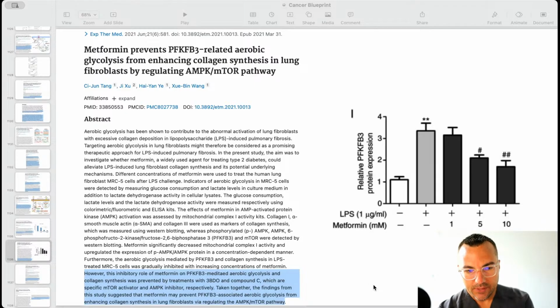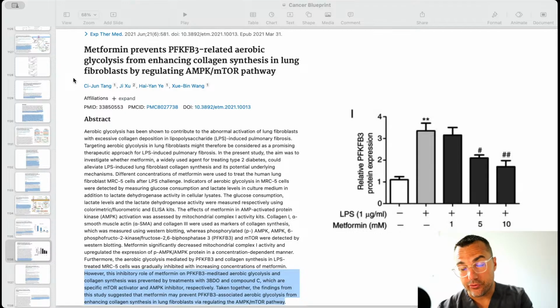Taken together, the findings from this study suggest that metformin may prevent PFKFB3 associated aerobic glycolysis from enhancing collagen synthesis in lung fibroblasts via regulating the AMPK mTOR pathway. So this is pretty exciting because it just gives us another, I guess you'd say, notch under the belt of metformin.